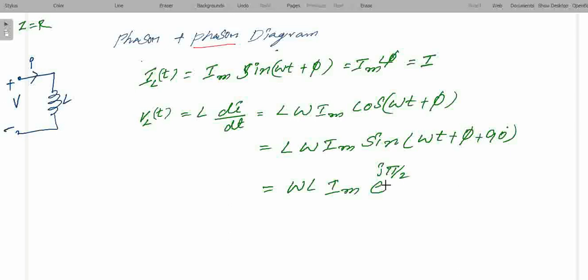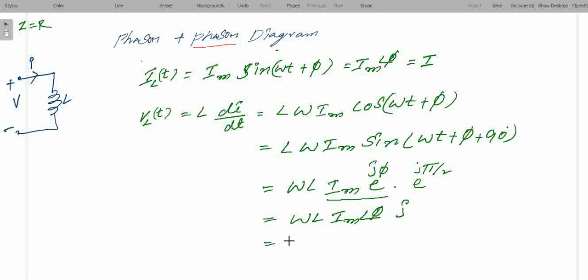Here you can write e power j phi into e power j pi by 2. This Im into e power j phi can be written in polar form as Im angle of phi, and e power j pi by 2 is nothing but j.